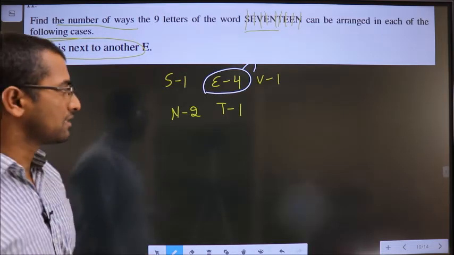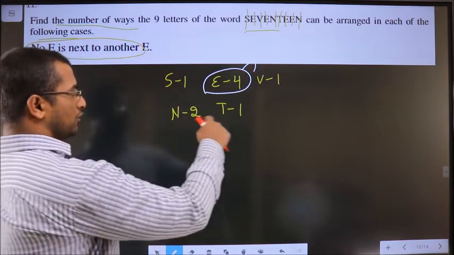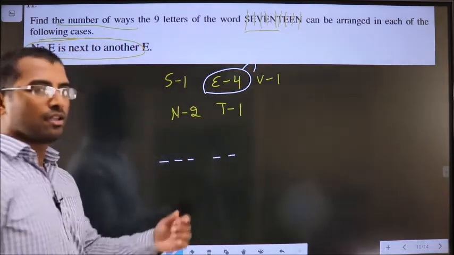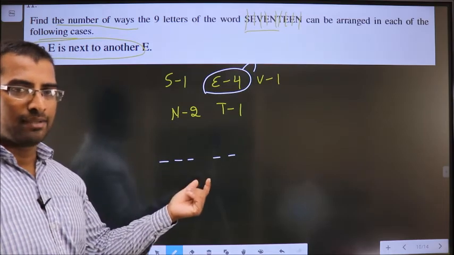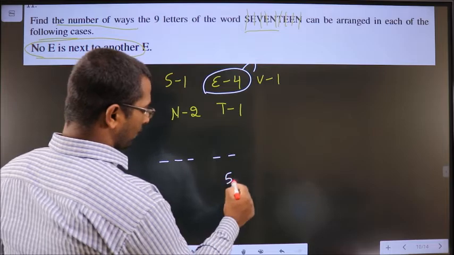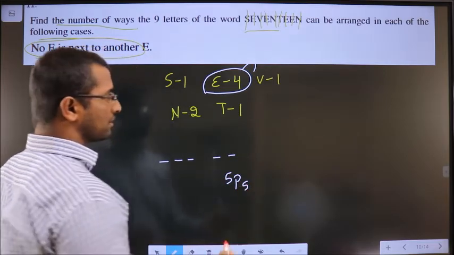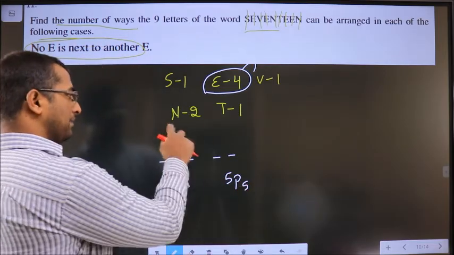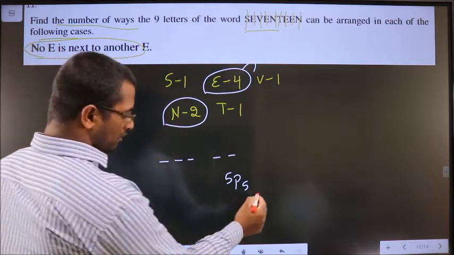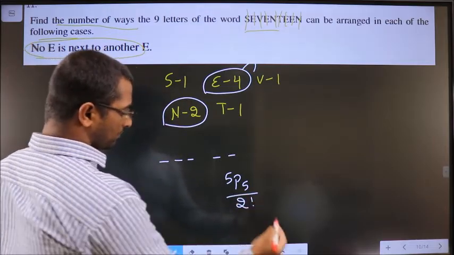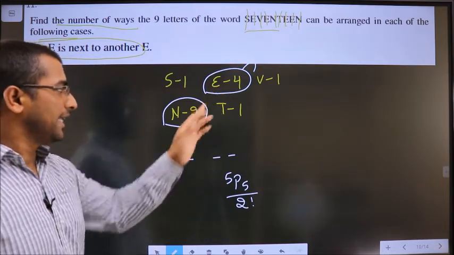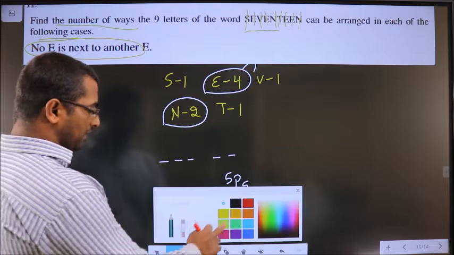Remaining how many letters are present? 1, 2, 3, 4, 5. So put 5 blanks. 5 letters, 5 blanks can be arranged in 5P5 ways. More. In this 5P5, these two N's are identical. So divide by 2 factorial. Now, these E's should be placed in between.